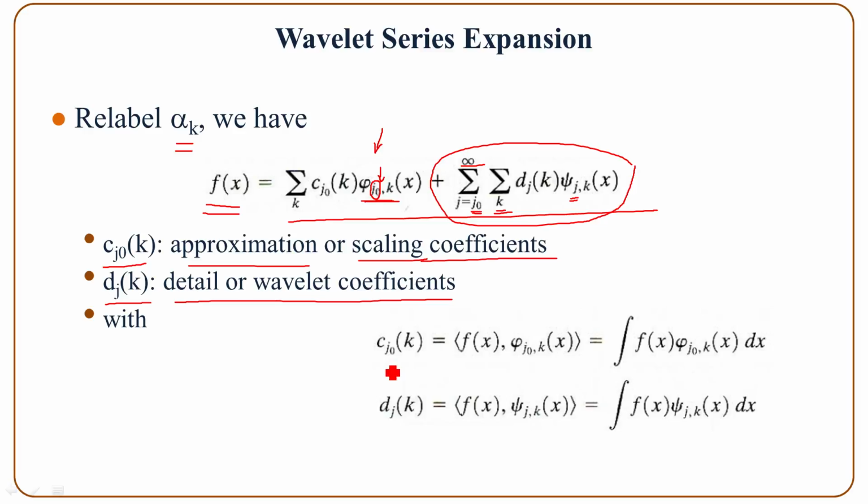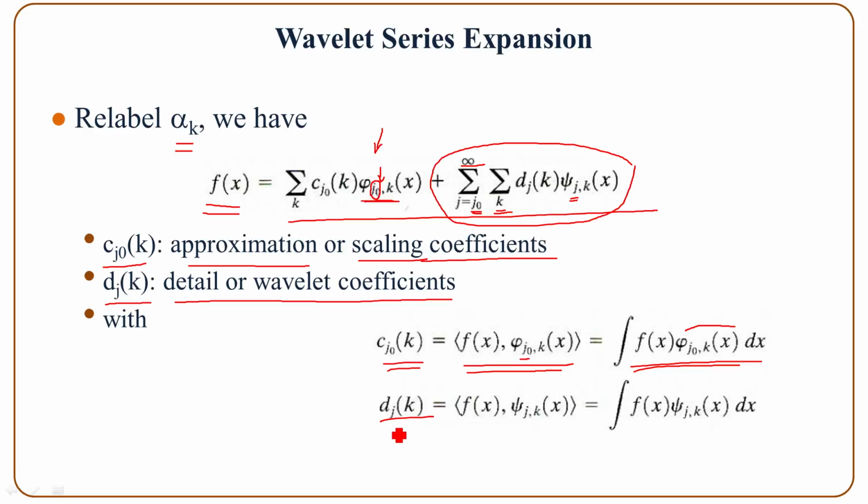and the scaling coefficients are the inner product of f of x and the scaling functions at level j0, and easily you can get to this, which is the integral of f of x and the scaling functions dx.